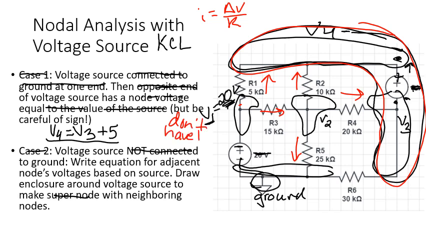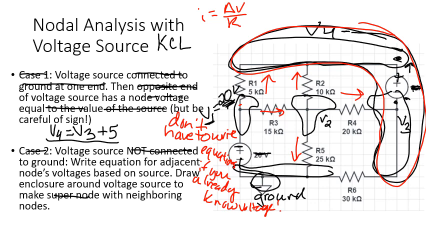Don't have to write equations if you already know the voltage, because that's what I'm solving for. But the rest of them I am going to have to write equations for.